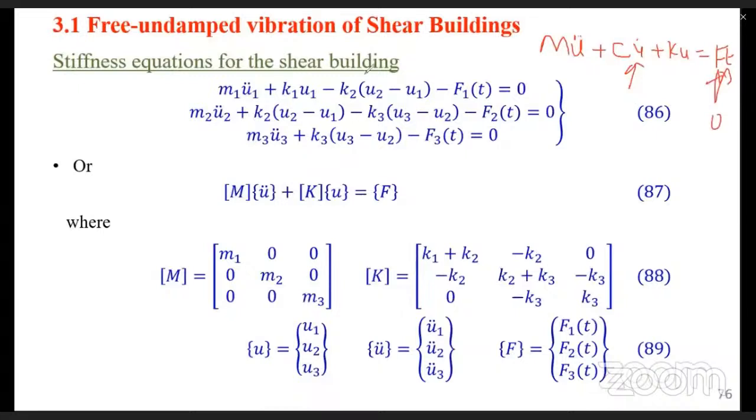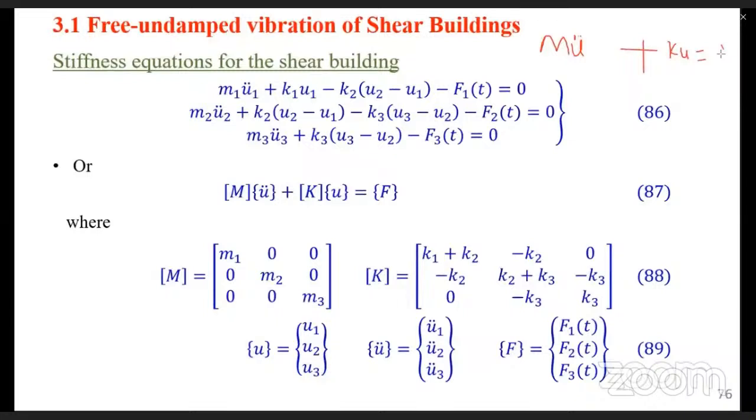So we will just be left with this part, okay? So m u double dot plus k u is equal to 0.